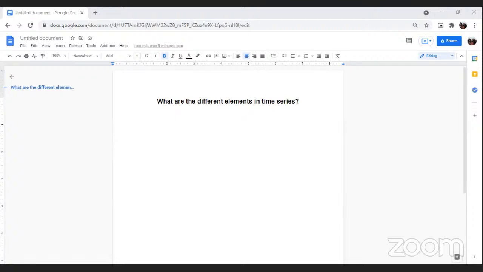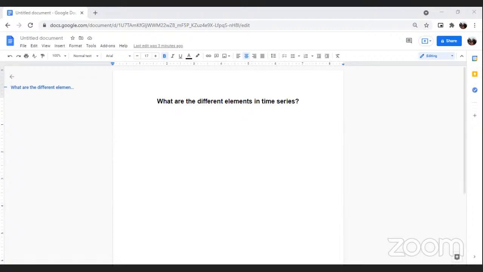All right, and coming to the last one, random or irregular movements. This is another element. They are not regular. They're purely random.